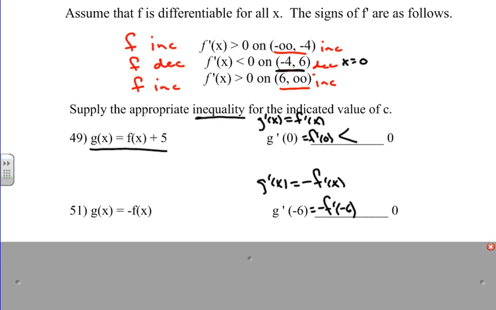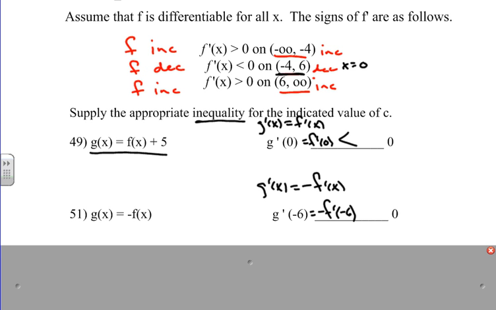So we look up here and say, okay, where is negative 6? Negative 6 would be on this interval, x equaling negative 6 for f, because all I know is about f right here. And what we got right there is going to be greater than 0. However, we do have that negative there.